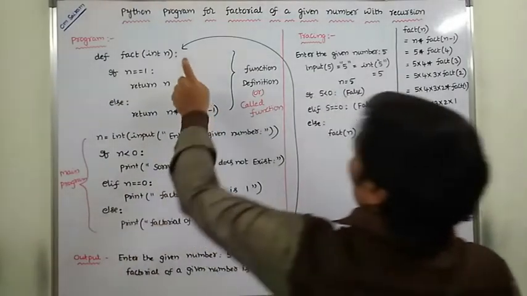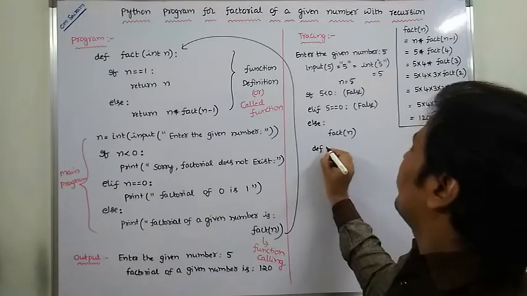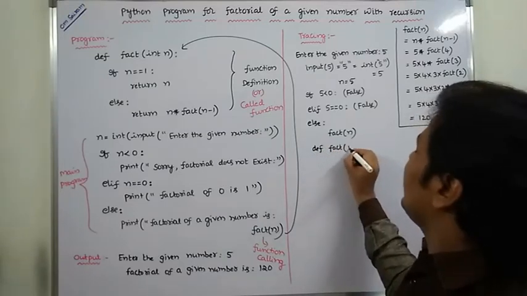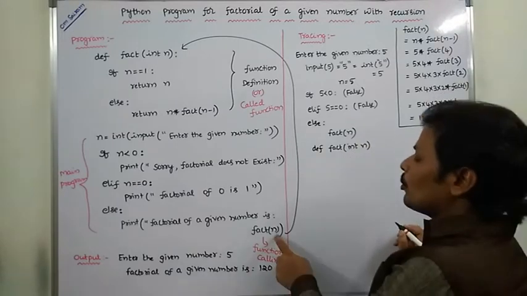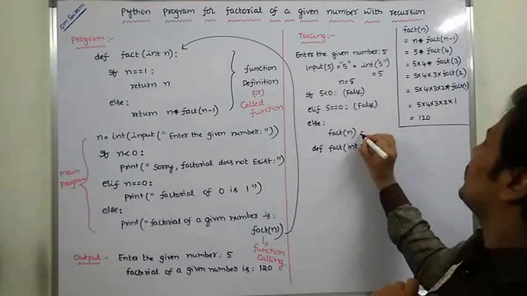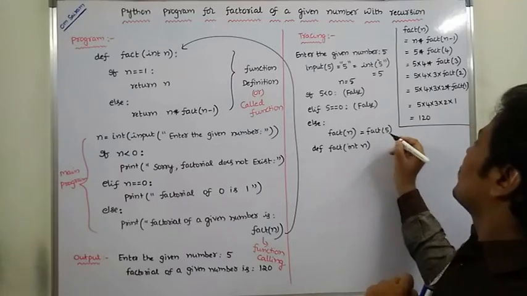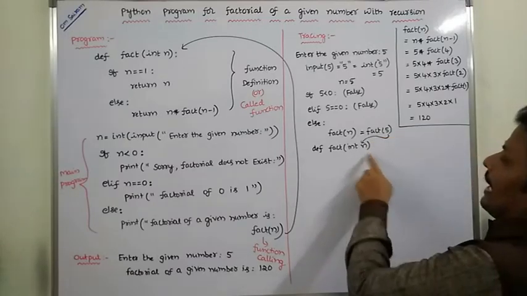So now we go to the called function, def fact of int n. Here the n value we entered from the keyboard is 5, so that is fact of 5. This 5 value is passed to n here.